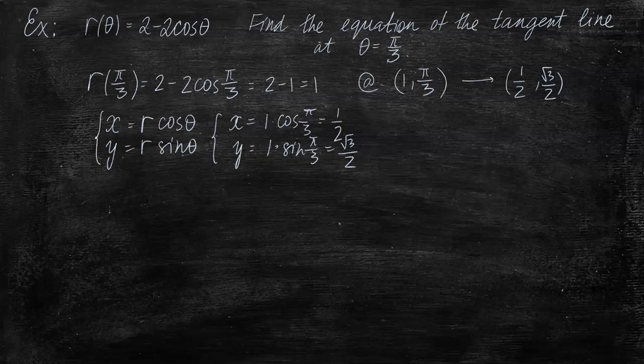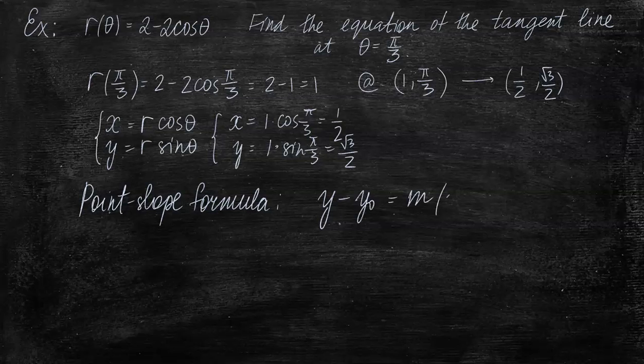So to find the equation of the tangent line, we're going to use the point slope formula. And to use the point slope formula, we set it up like this. We already know that the y coordinate is √3 over 2, the x coordinate is 1/2, and the only thing we don't know is the slope.